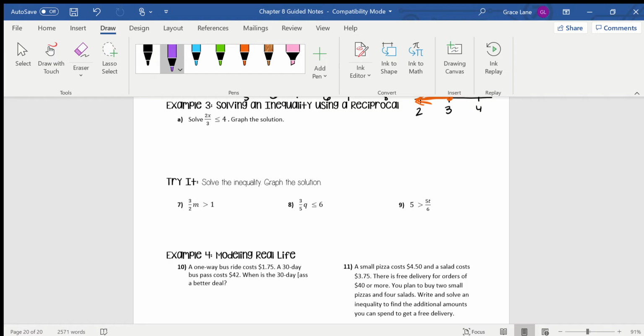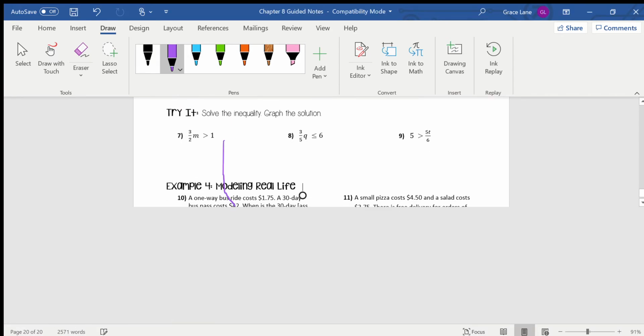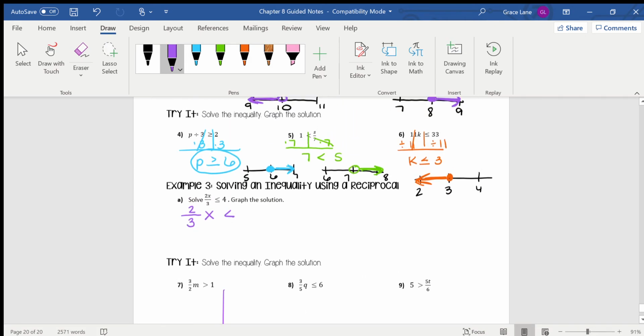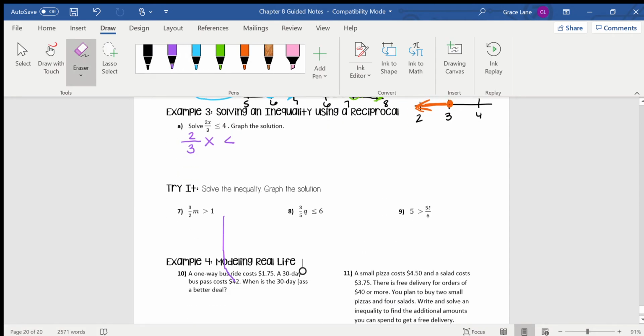This really says 2/3 x, or 2/3 times x, and then less than or equal to 4.